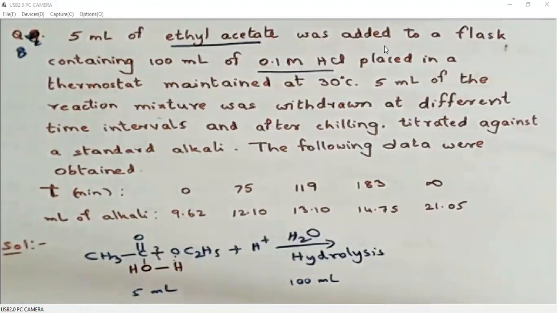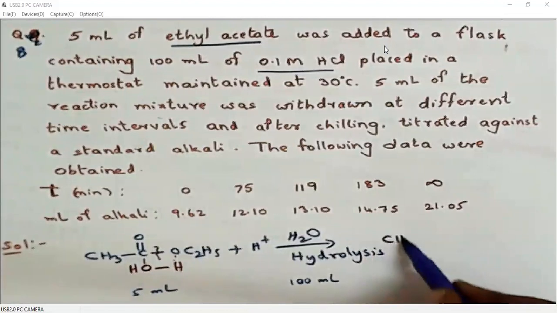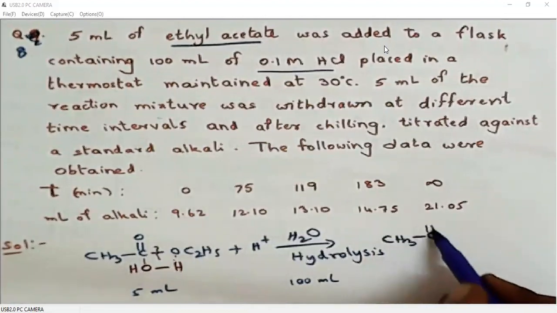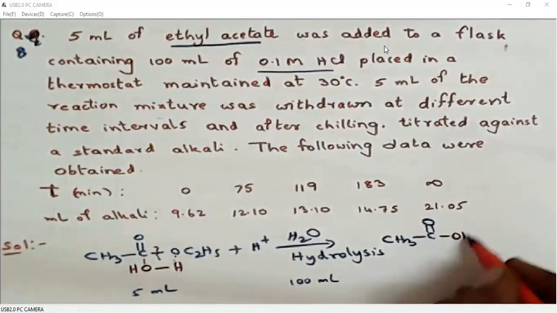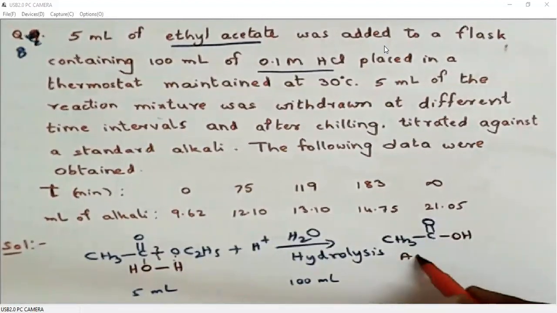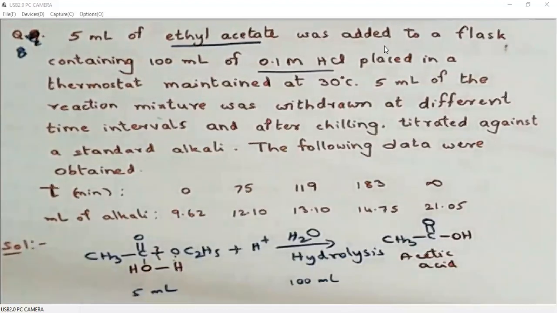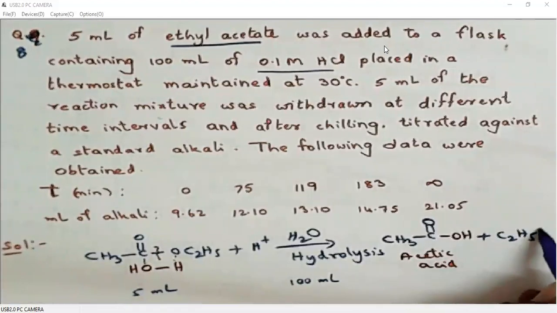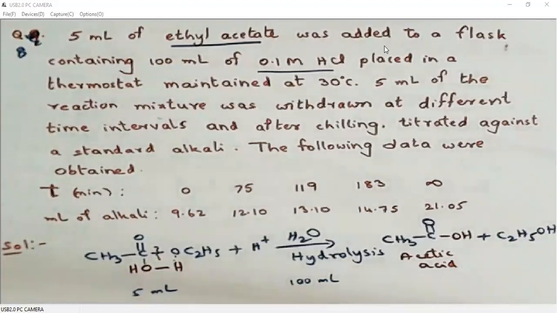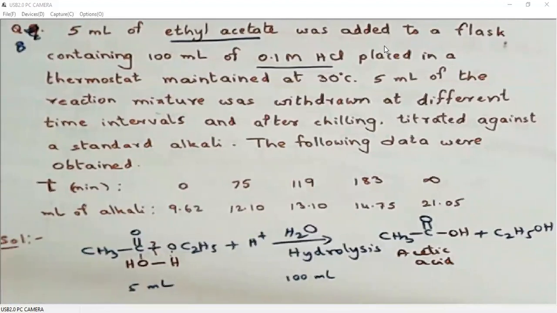When we do hydrolysis of an ester, what is the product? The product is a carboxylic acid. Here it is acetic acid. And we are getting alcohol, C2H5OH, it is ethanol.